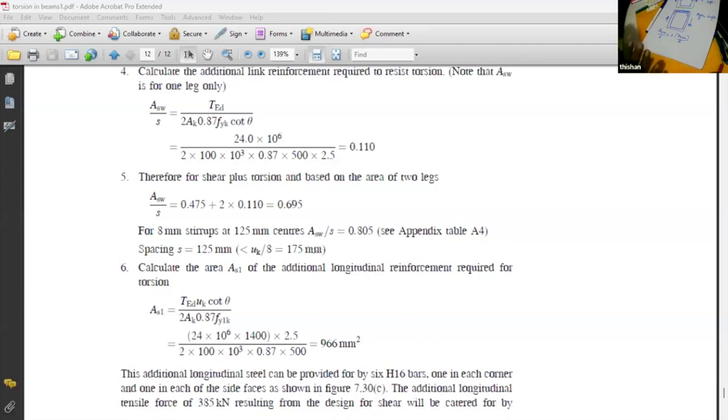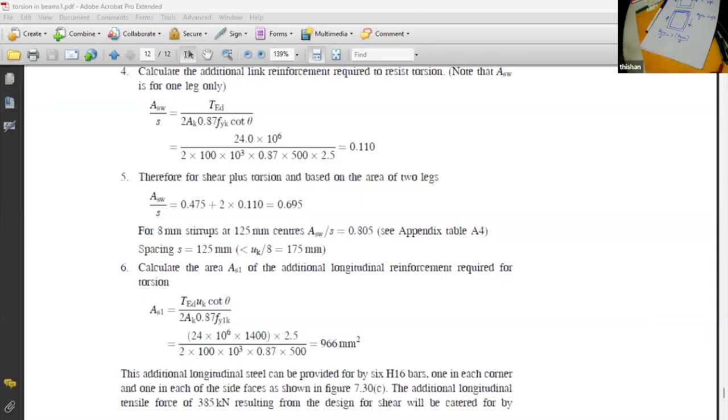So now we have got the link spacing. Link spacing is T8, and then you can check it at different other sections as well. Generally when you design for torsion, you have to look at the torsional moment diagram on the structure that you have analyzed.